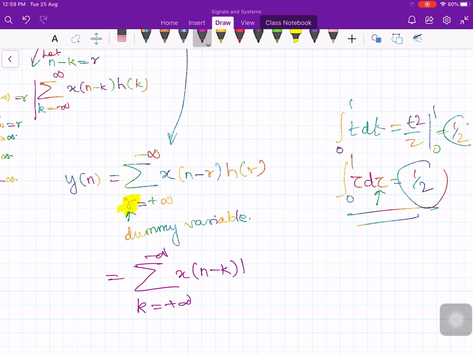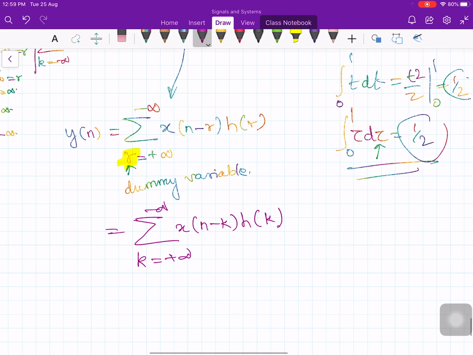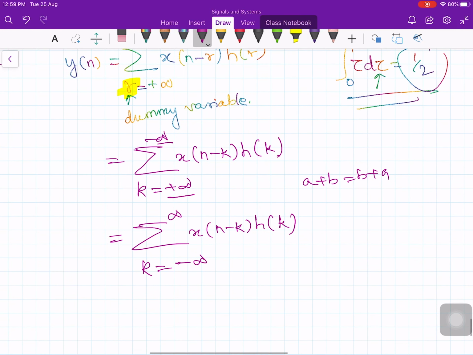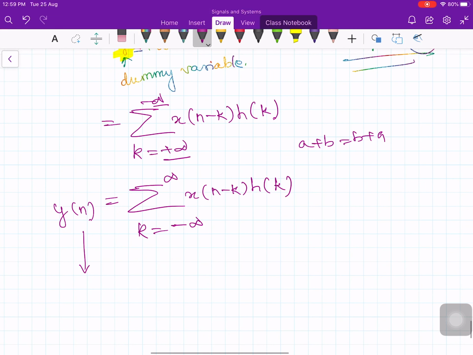Since in a summation a plus b is the same as b plus a, I can write, instead of plus infinity to minus infinity, minus infinity to plus infinity, x of n minus k times h of k. This is my y of n. Okay. So, either you can write y of n in this form, or you can write x of k times h of n minus k by simple manipulations. Both are correct.